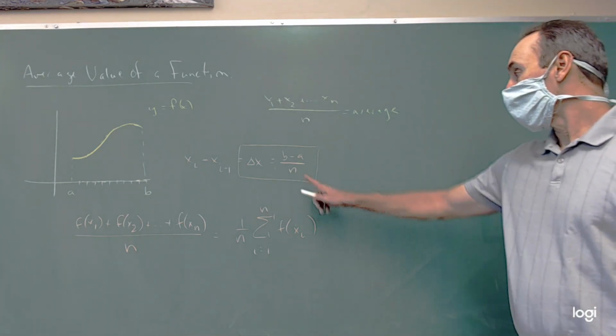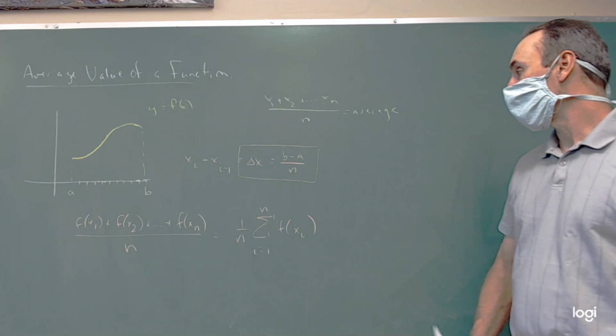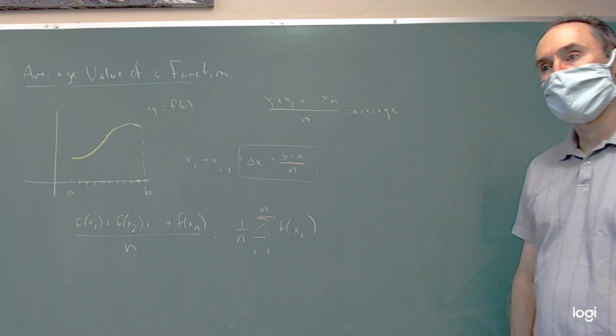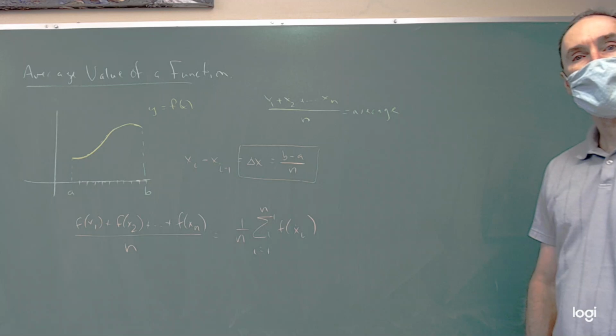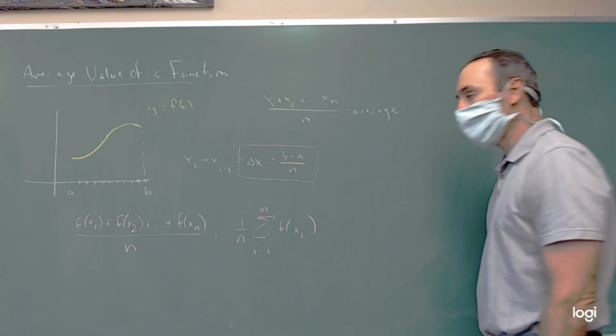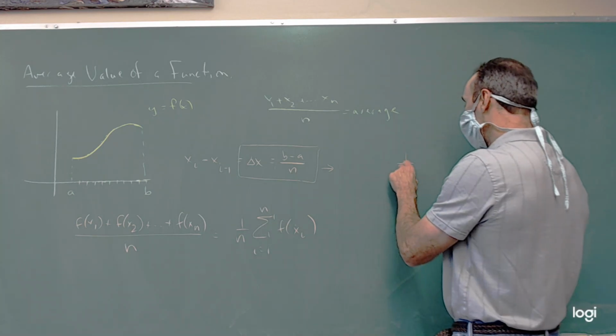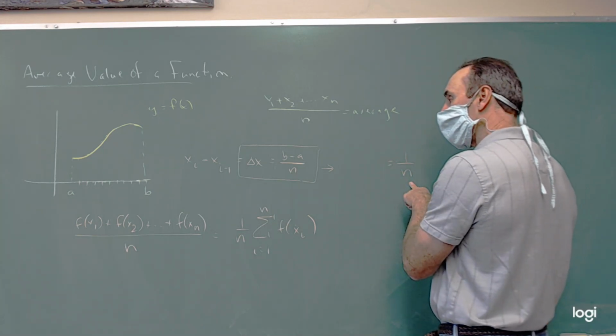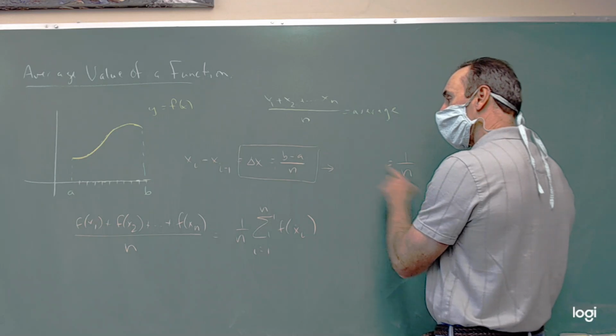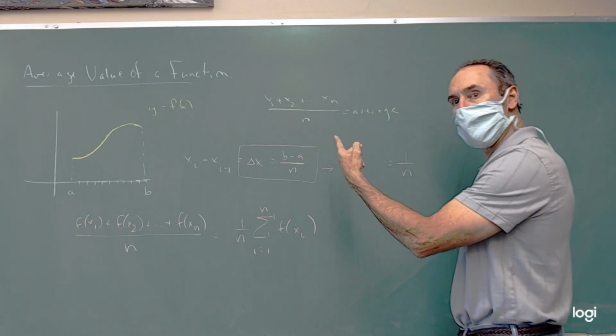So let's solve for this 1 over n in terms of delta x here. We're going to try to create something that looks like a Riemann sum. Okay? So if you visualize it, if I leave the 1 over n here, how do I get rid of that b minus a?